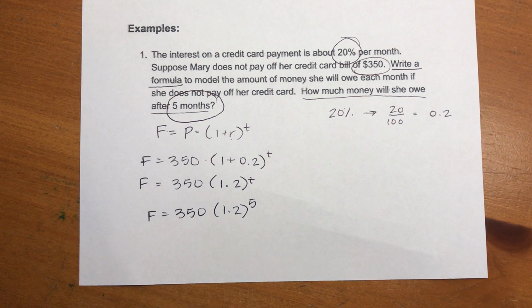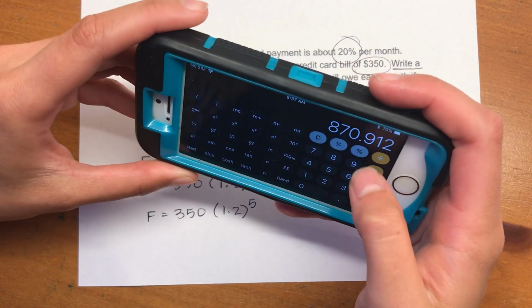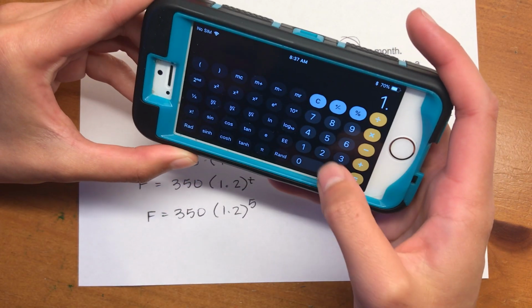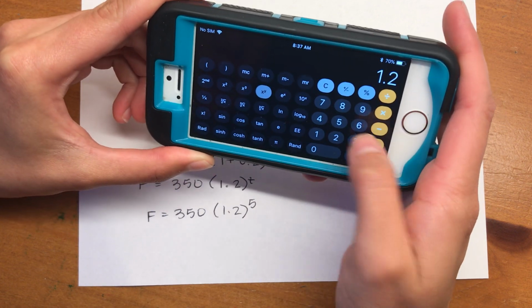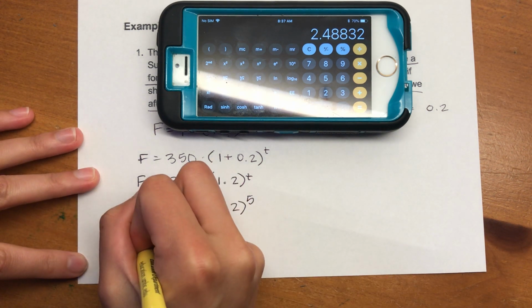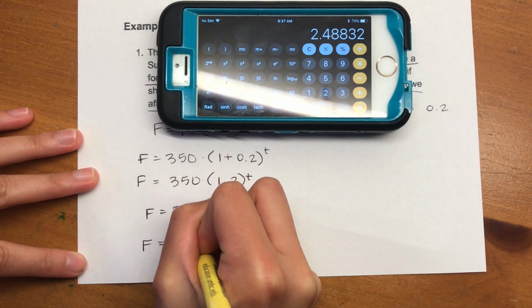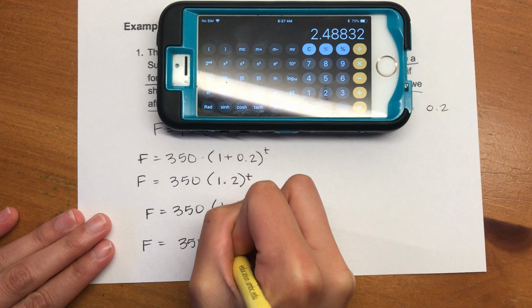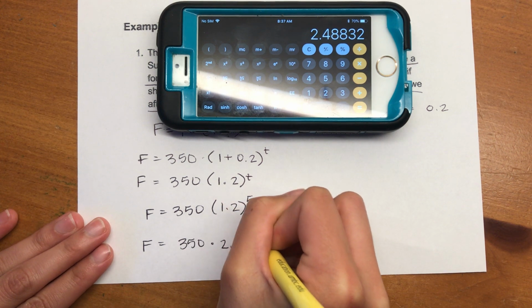And now I can pop this in my calculator. Since I'm using my phone calculator, I'm going to put 1.2 to the 5th first. Okay? So then I have F equals 350 times 2.48832.